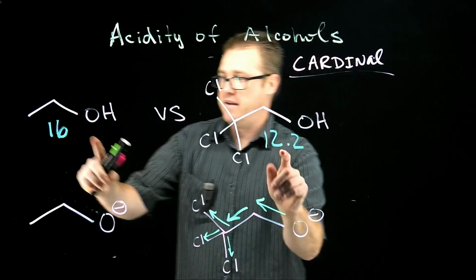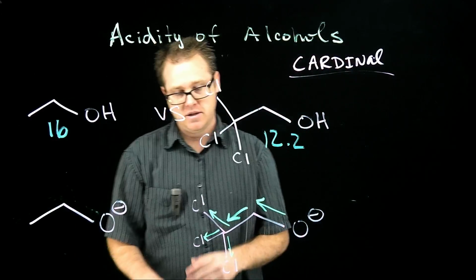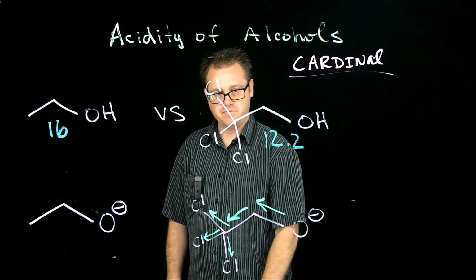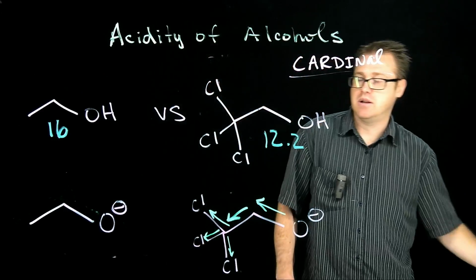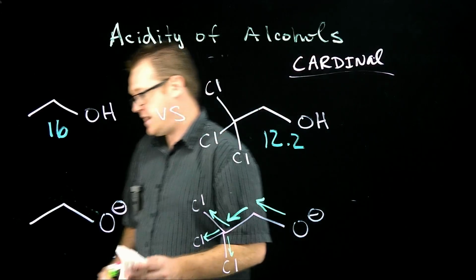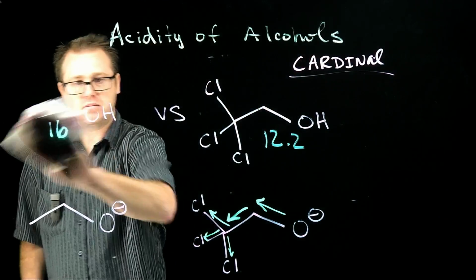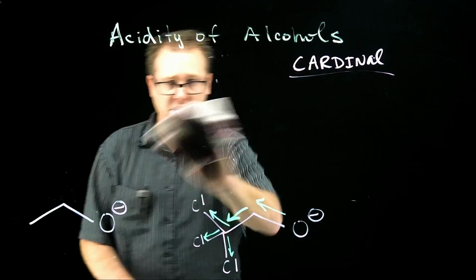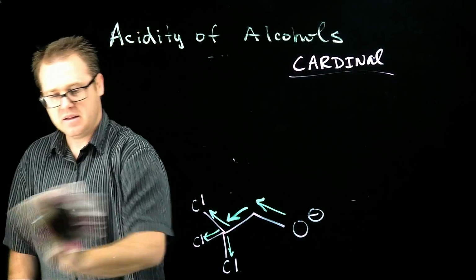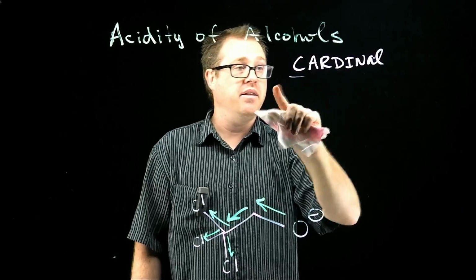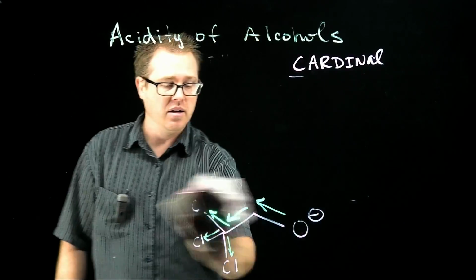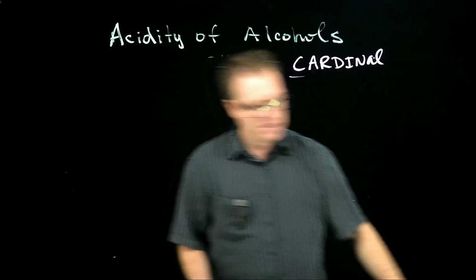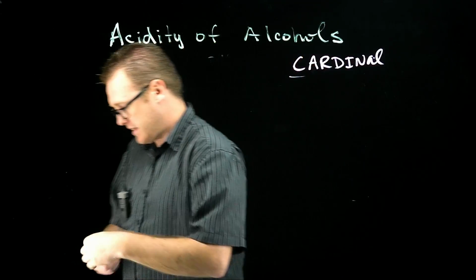But when you don't have numbers, you have to look at it through the lens of this cardinal rule thing. Okay? So that's another factor that affects the acidity of alcohols. Now another factor that isn't included in this acronym right here is solvation effects. So let's write that down here.